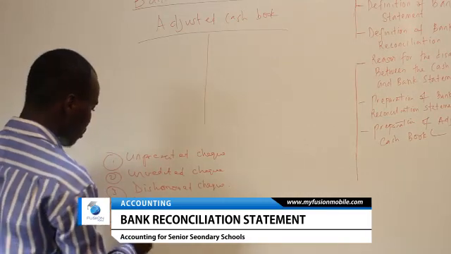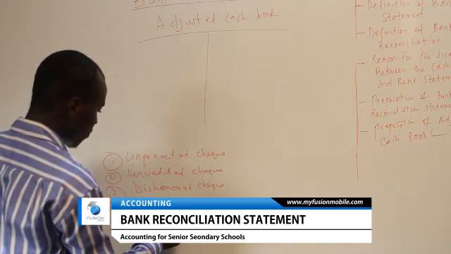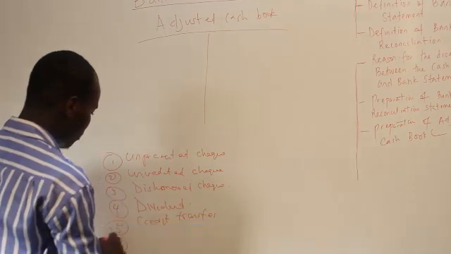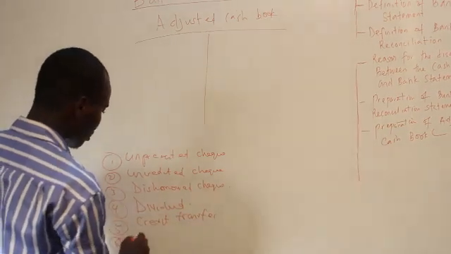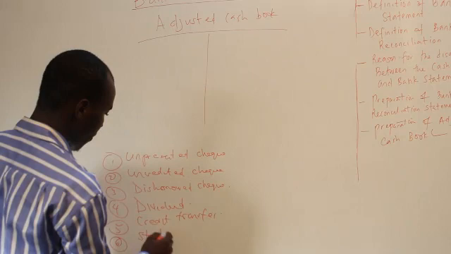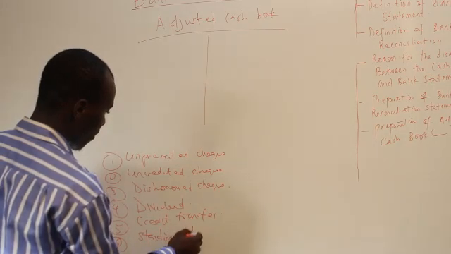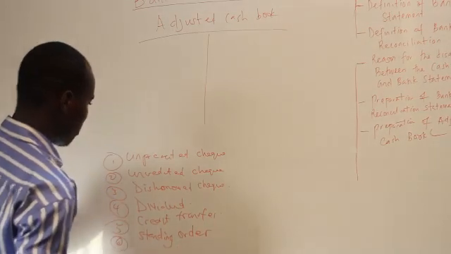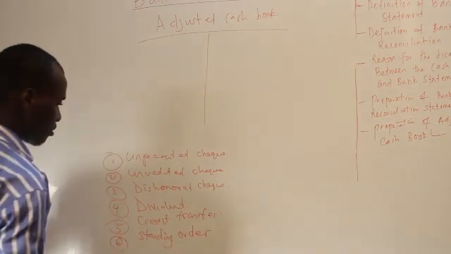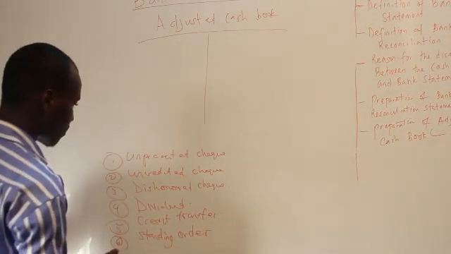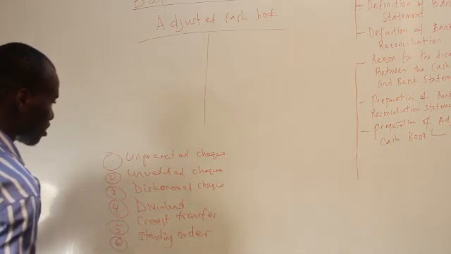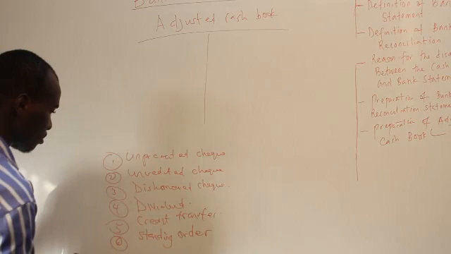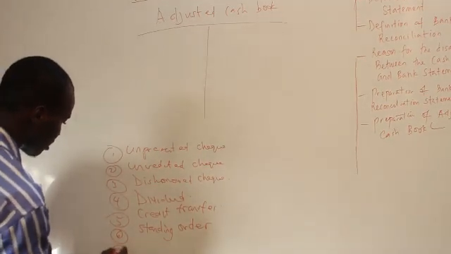We then have the credit transfer. We have the standing order. Credit transfer, we have the dividend, dishonour check, uncredited check. Then we have the bank charges.